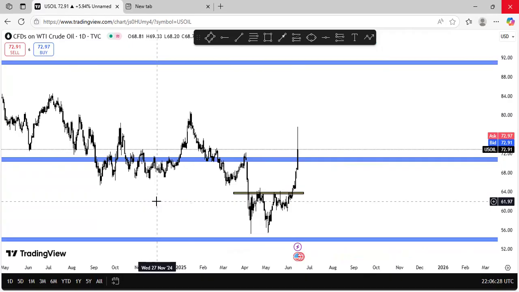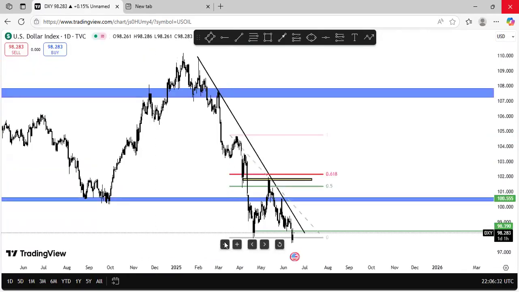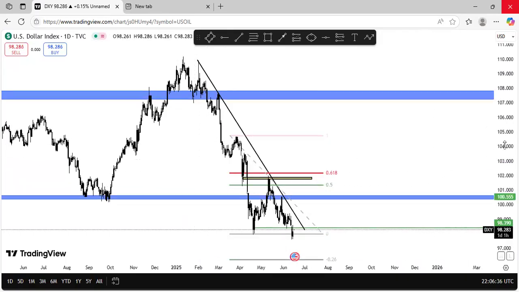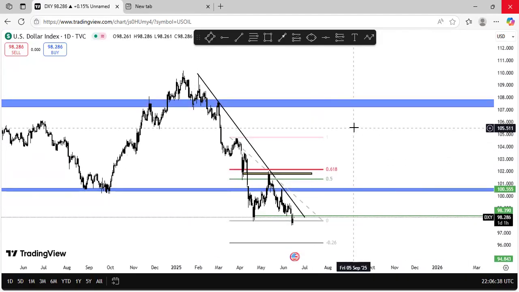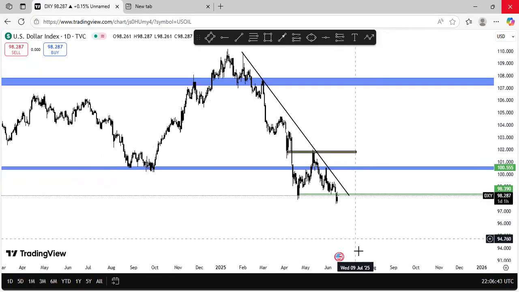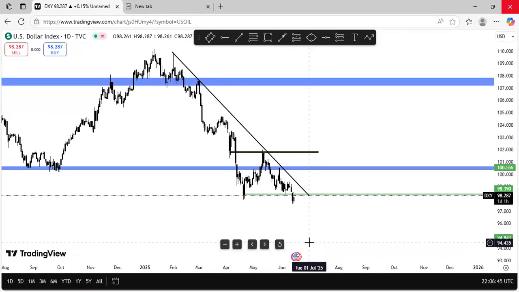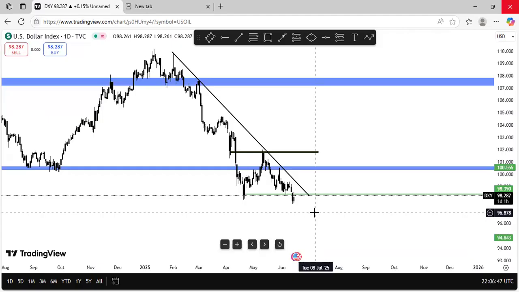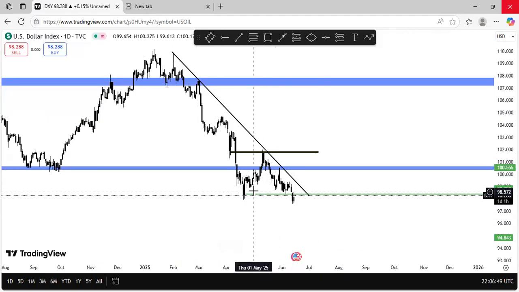If I go over to Bitcoin, I need to visit the XY. Like I said, the XY is literally the inverse of the EURUSD. I'm not going to go into details on the whole analysis, but check my previous video for more explanation. So basically on the XY, this is a daily time frame.